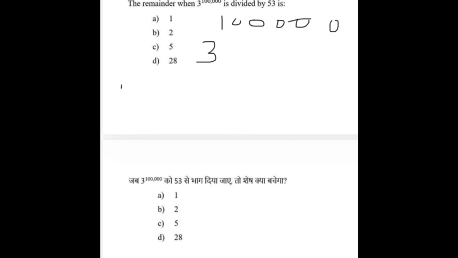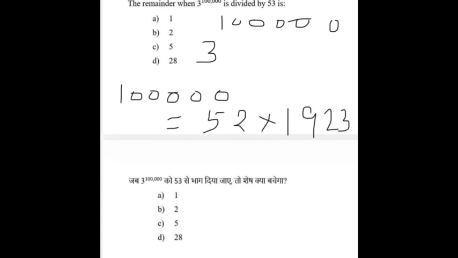So note that 1 lakh can be written as, so it is 53, right? So we have to take P minus 1, that is 53 minus 1 is 52, multiplied by 1923 and plus 4. This is the representation of 1 lakh when you write it modulo 52.